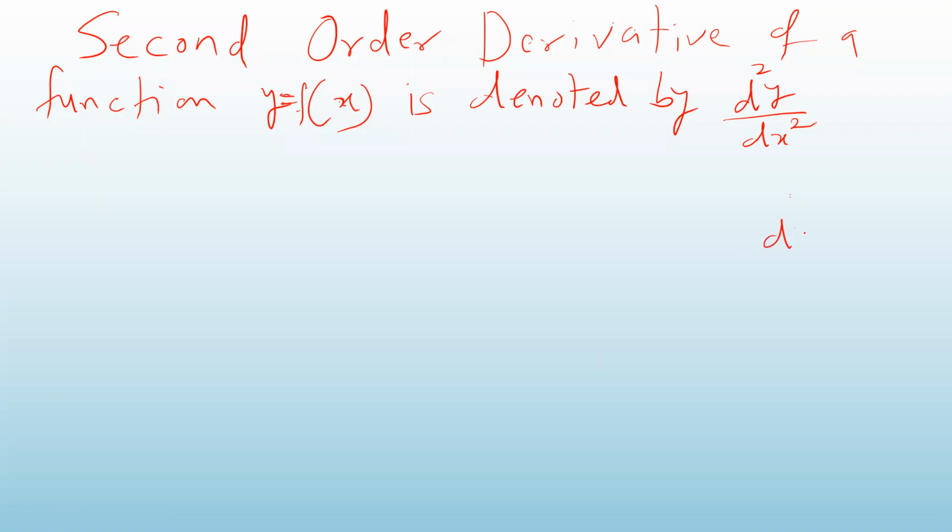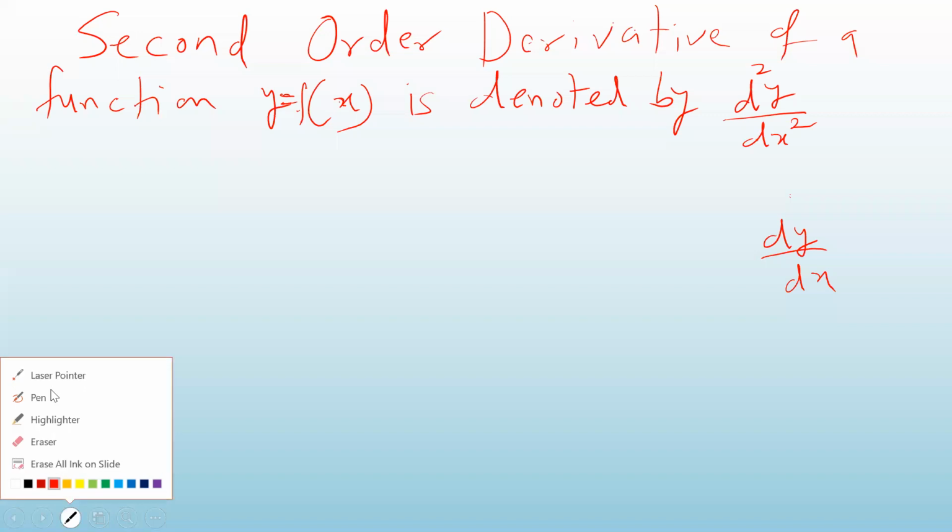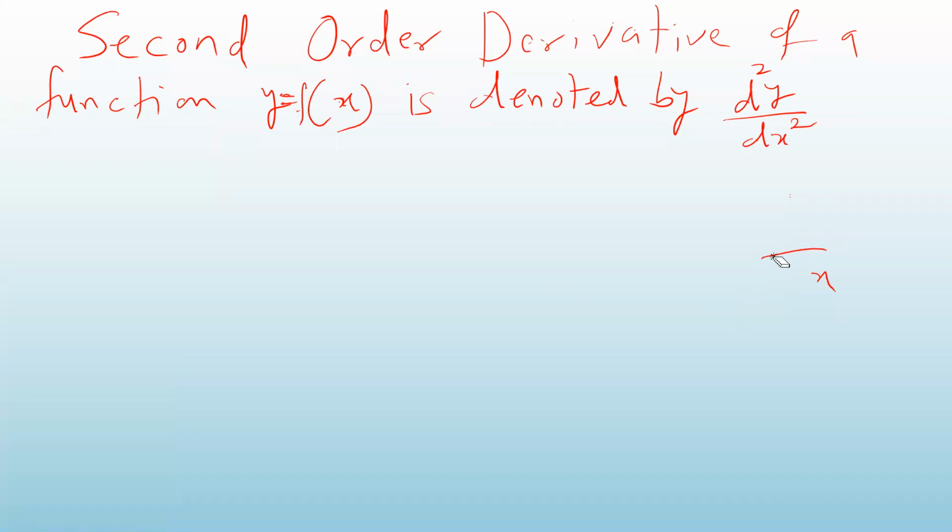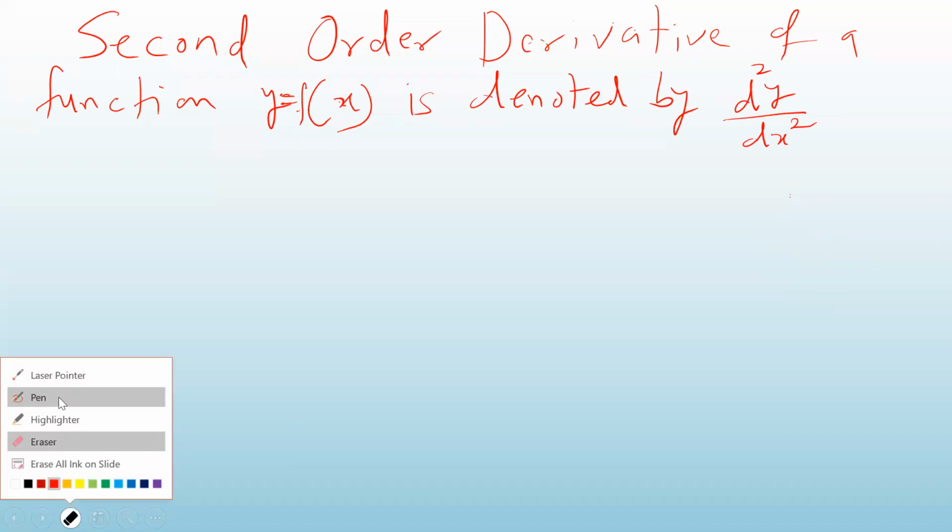See, first order, what was the notation? dy by dx. Correct? This was the first order derivative. In the second order, we will put the square here, d square. And we read it as d square y by dx square. Okay. So this is the notation for the second order derivative of the function y. How is it calculated?